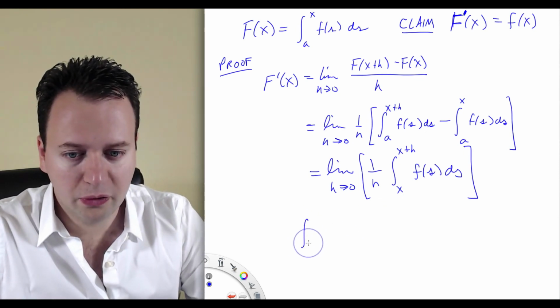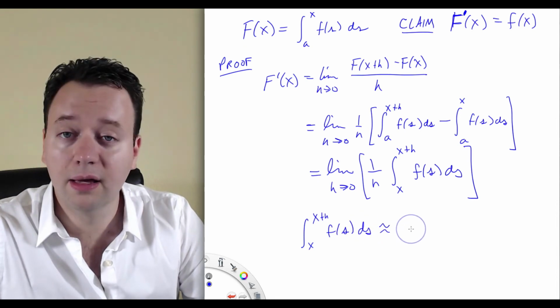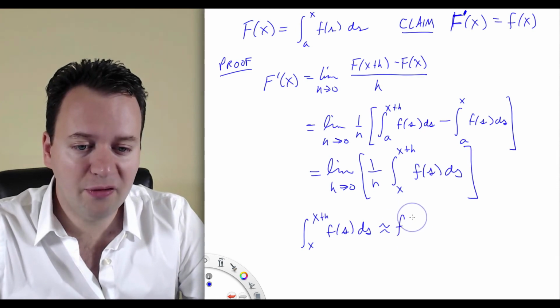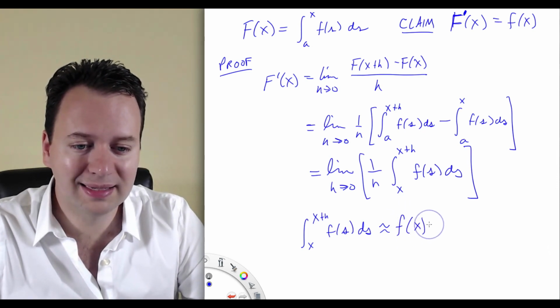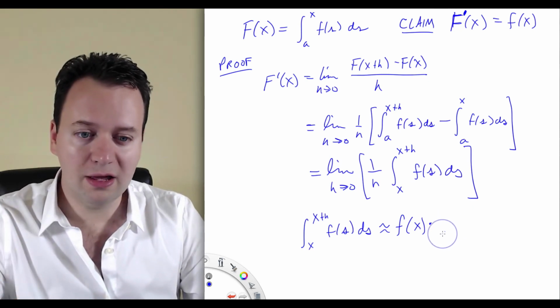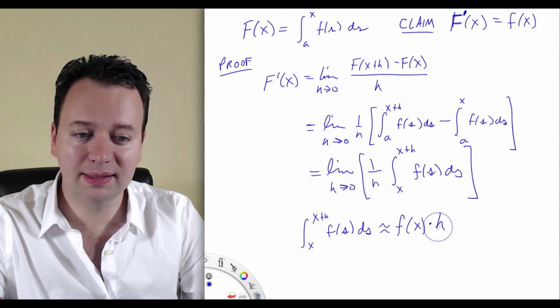Okay, well the integral from x to x plus h of f of s ds is then approximately, let's use the left-hand Riemann sum with one subinterval. It's going to be f evaluated at the left endpoint, which is x, times the delta x. Now the interval width is h, so it's going to be times h. So this is approximately f of x times h.